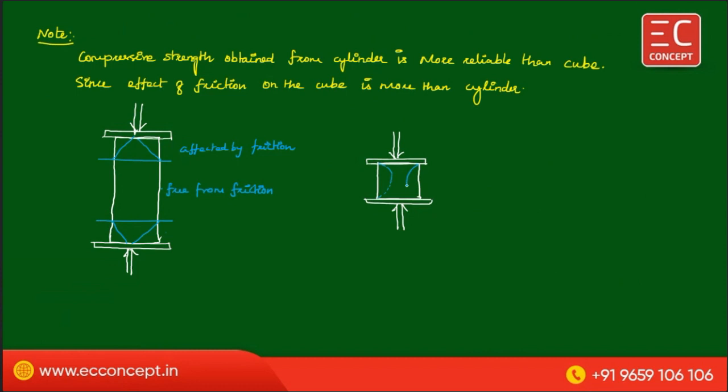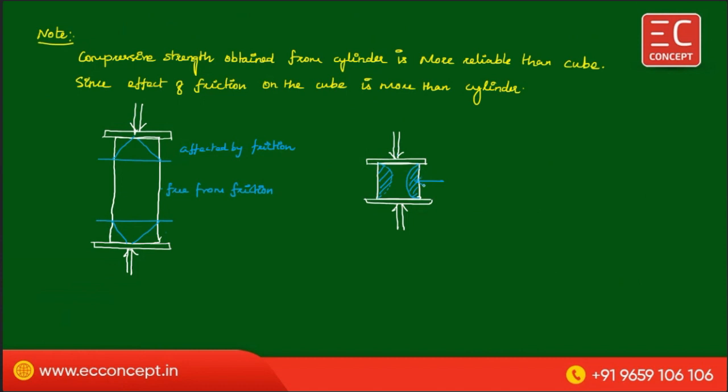So throughout the depth, the cube is affected due to the friction between machine and plate. The friction between machine and plate affects the cube throughout its length, but in the cylinder, the friction does not affect the whole length.